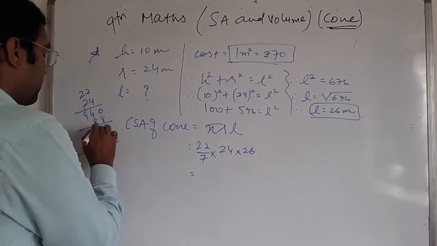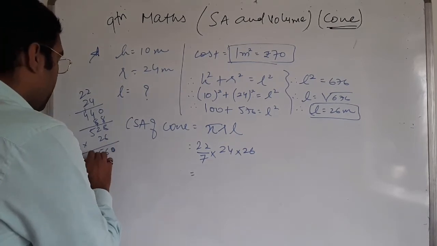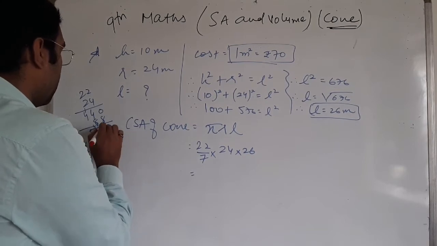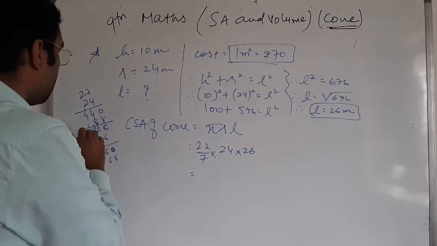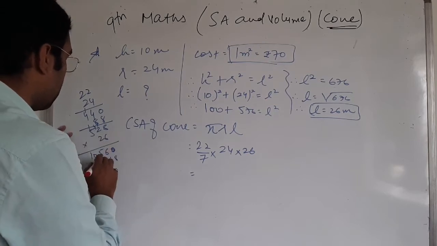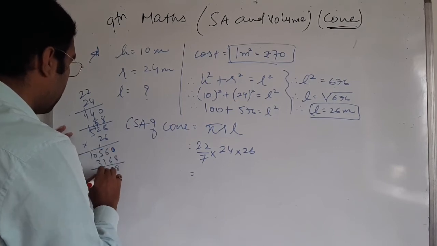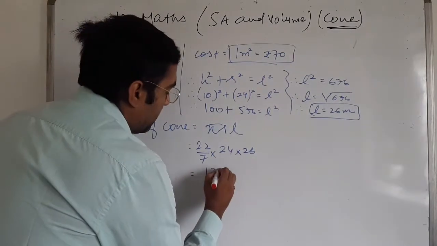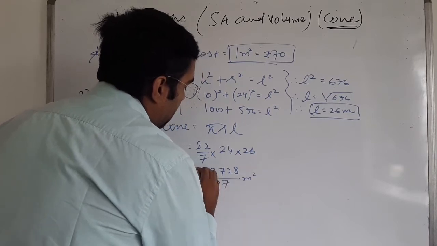Multiplying, we get 13728. That is my answer, 13728 by 7 meter square, okay.